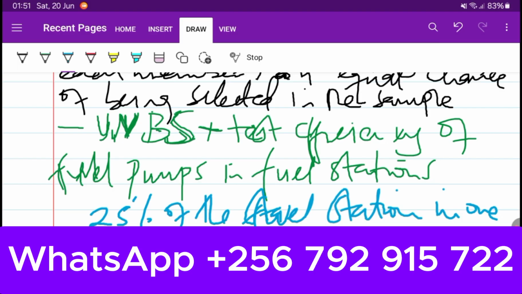So if a given town has, let's say, 20 fuel stations, they take 25%. They now look at that as their sample in that town. Then they go to another town, and another town, and they test.